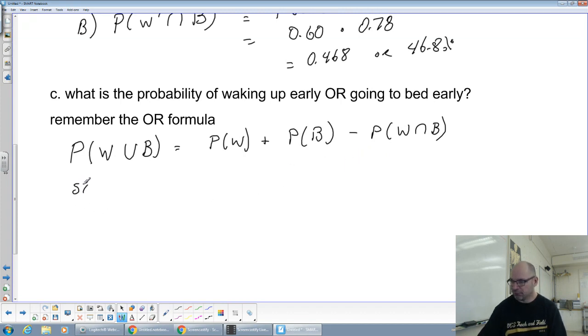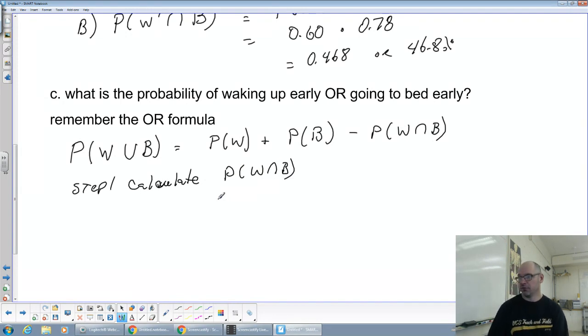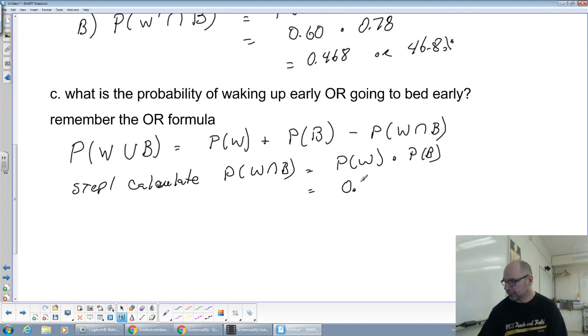Step one, calculate the probability of W and B occurring at the same time, right? Waking up and going to bed early, not or, but that's the thing you have to calculate first. According to the independent theory, that's PW times PB. So that's what we have to figure out first. So PW, waking up early, was 40%. And we have to multiply that by going to bed early was 22%.